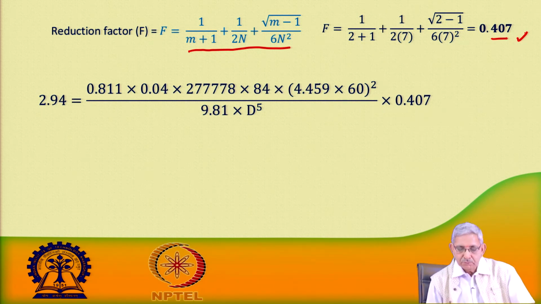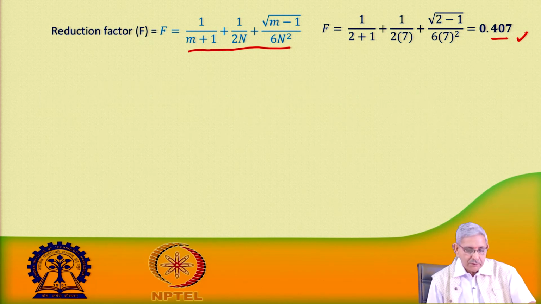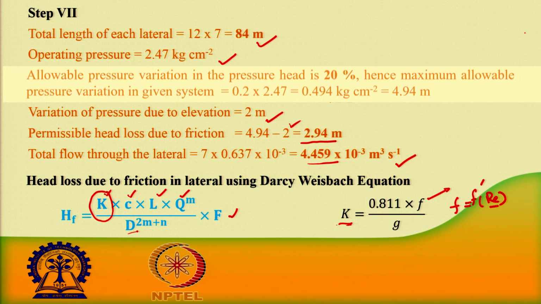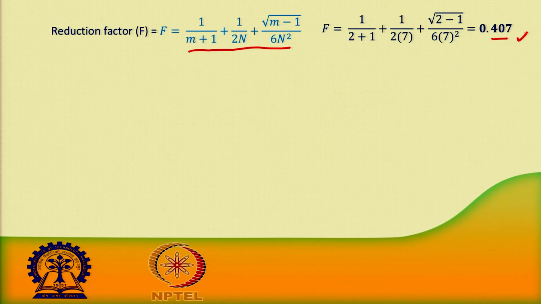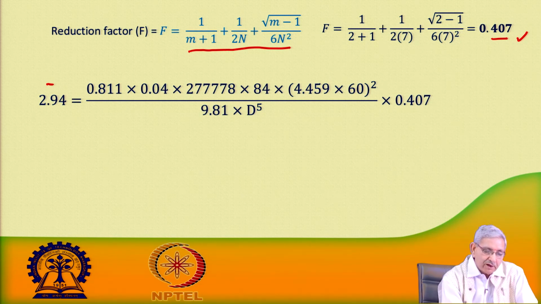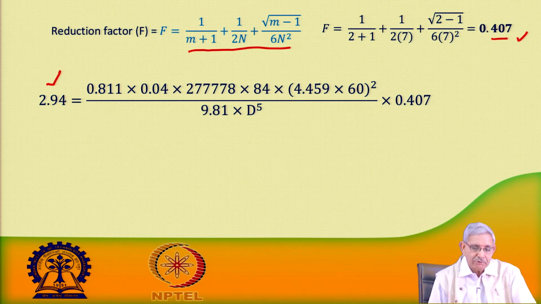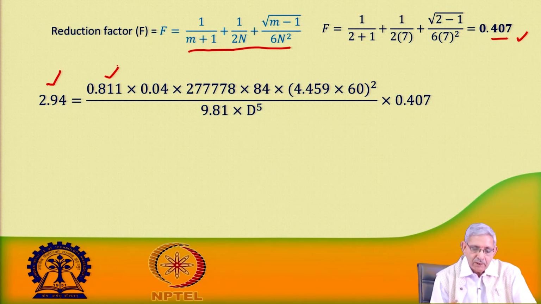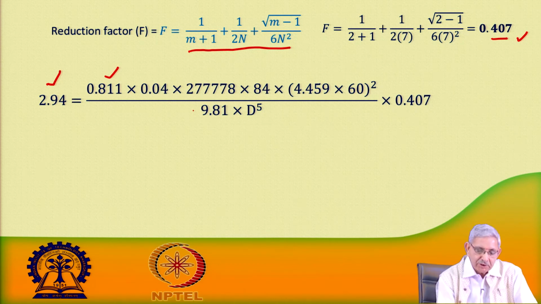Now, we know that HF equals K C L Q to the power m divided by D to the power 2m plus n. Here HF is the head loss due to friction, where K is 0.811 F by G, G being the acceleration due to gravity.